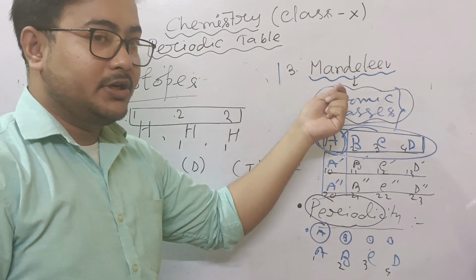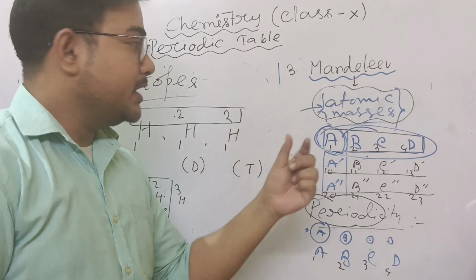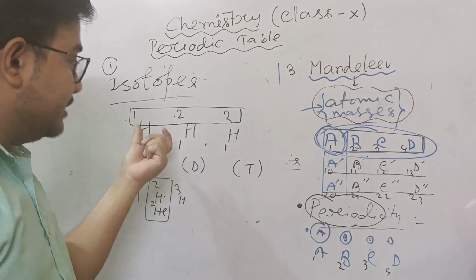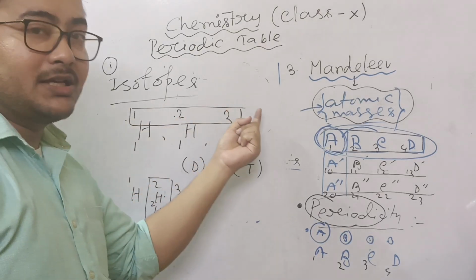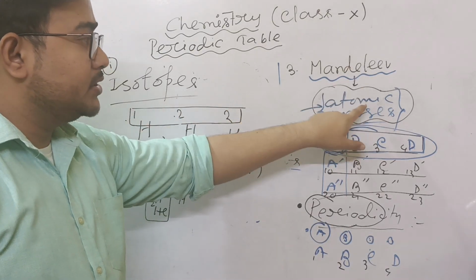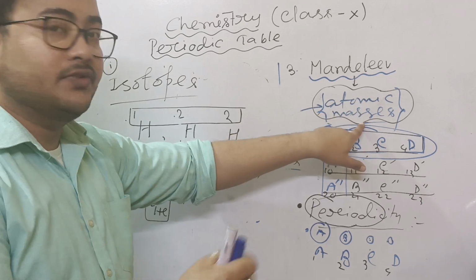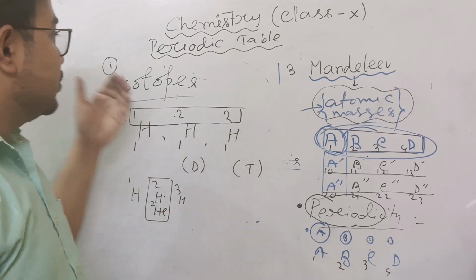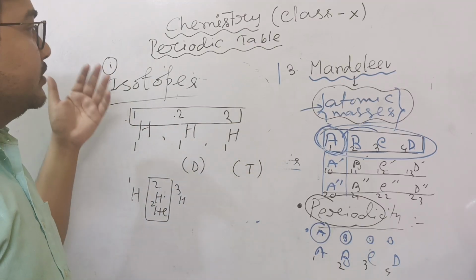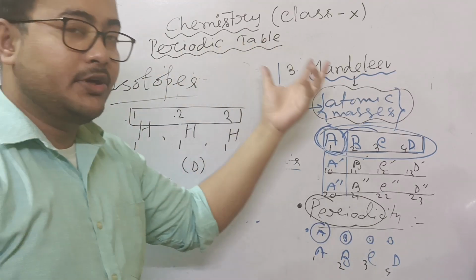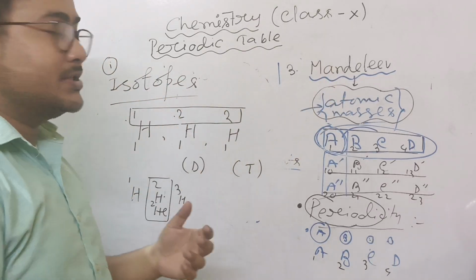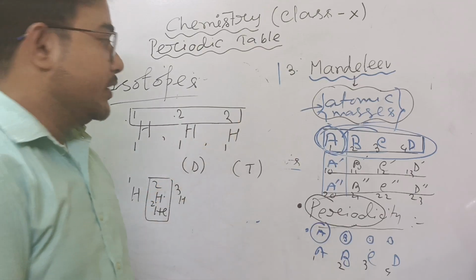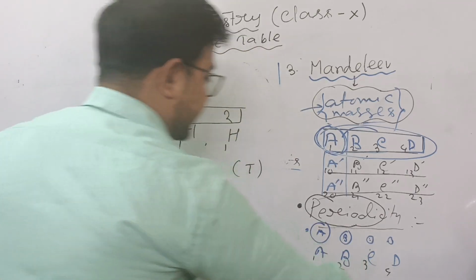If you see the Mendeleev periodic table, there is only one hydrogen. But if you arrange according to atomic masses, for the hydrogen element we have 3 different masses, so for one element we need 3 different positions. We cannot give the position of hydrogen if you consider all the isotopes. So this is the first drawback.